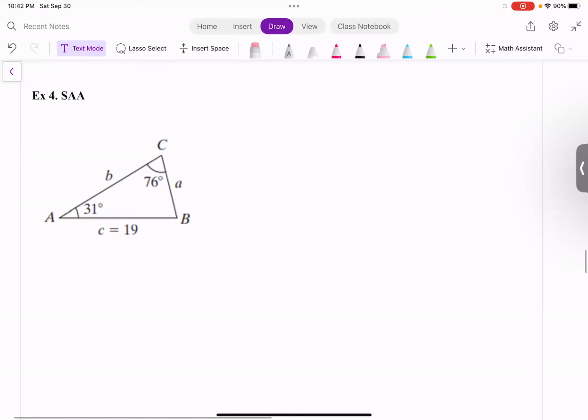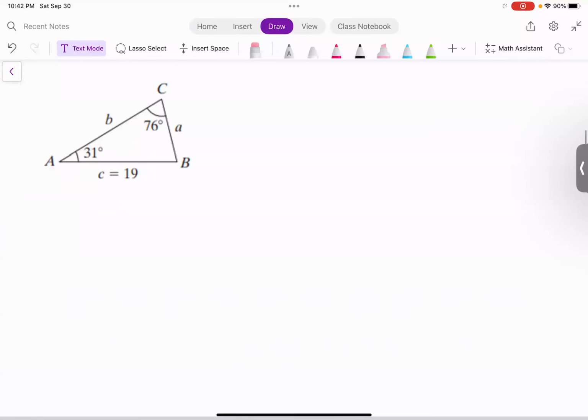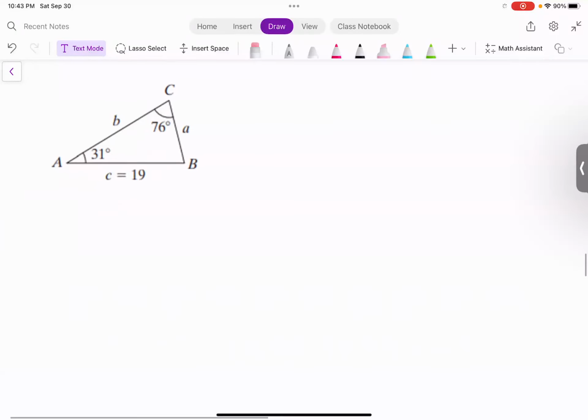This is the SAA case. I have two angles, which are C and A. I can find angle B. So B equals 180 degree minus 31 degree minus 76 degree. This equals 73 degree. So we found the B, which is 73.